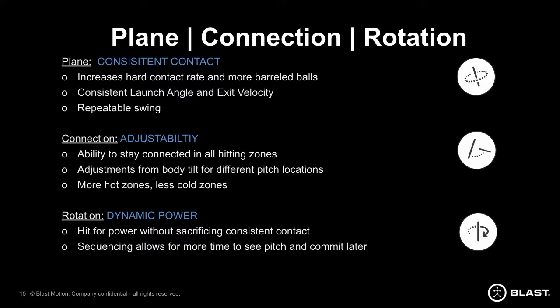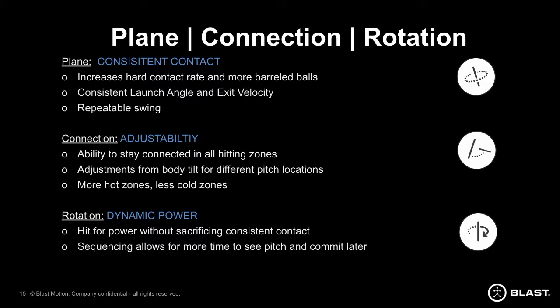If I had to really narrow it down and use as few words as possible, plane will create consistent contact. Your bat speed will translate to your peak exit velocity. Your plane will show you how consistently you can barrel balls, and will translate to average exit velocity. Your connection is your ability to adjust to each given pitch location with your bigger muscles and bigger joints that have fewer degrees of freedom, by using body tilt and posture to adjust for different pitch locations versus being handsy and manipulating your barrel.